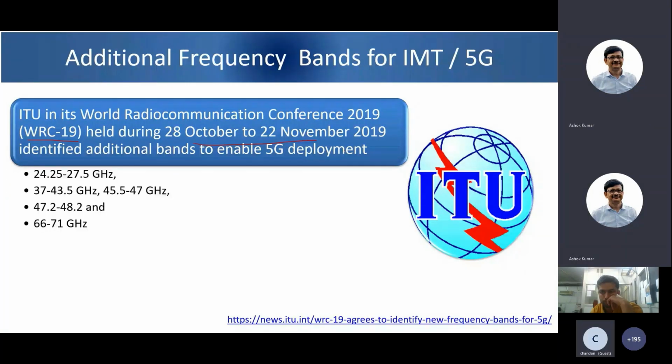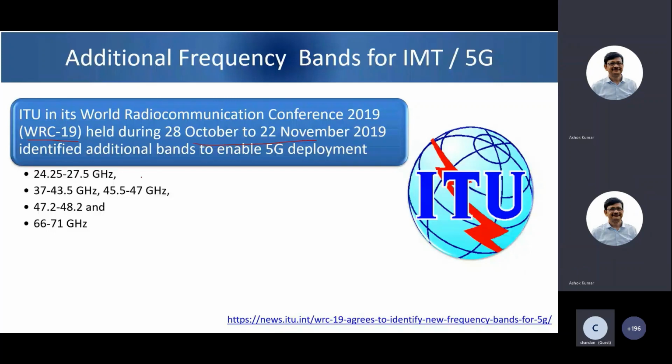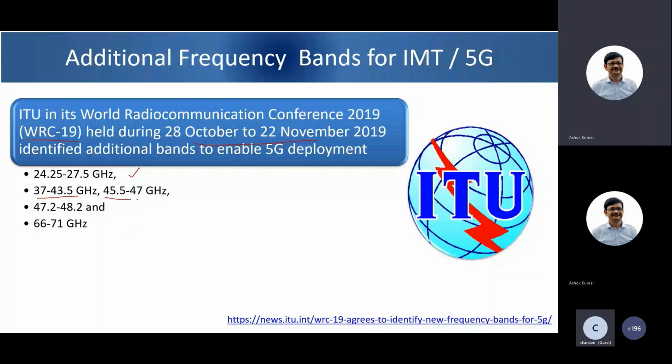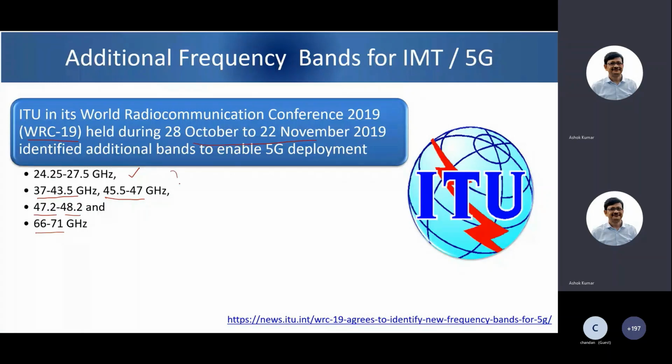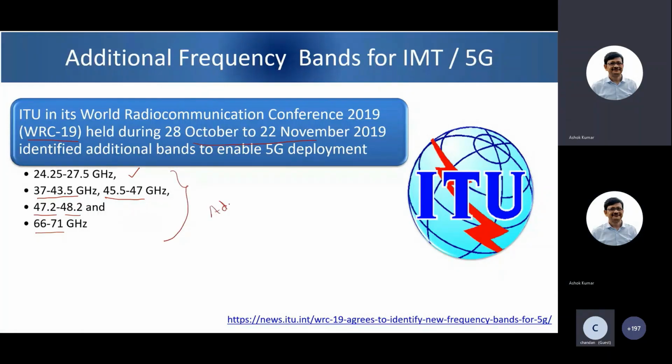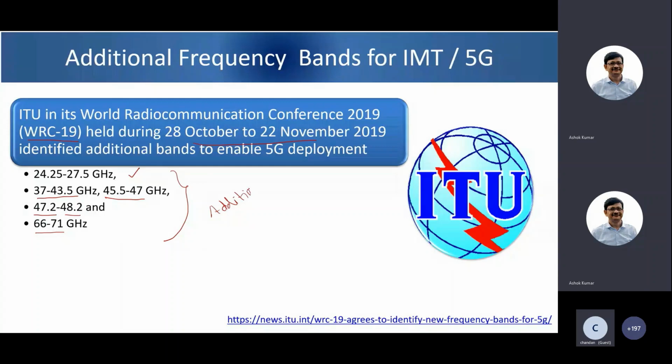Those were 24.25 to 27.5 gigahertz. Then they identified 37 to 43.5 gigahertz, 45.5 to 47 gigahertz, 47.2 to 48.2, 66 to 71 gigahertz. So these were additional bands which they identified for IMT.